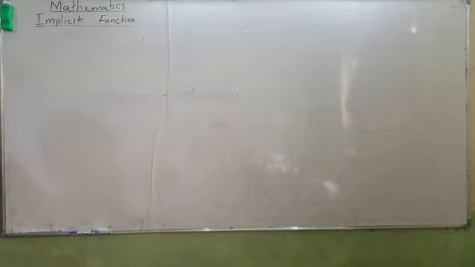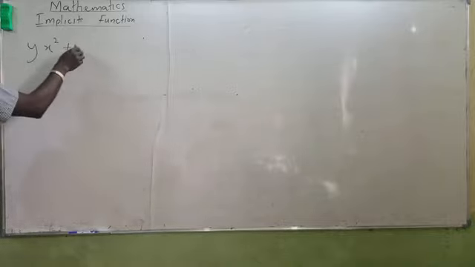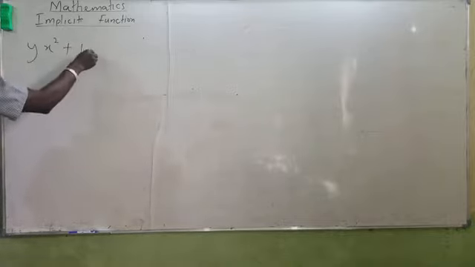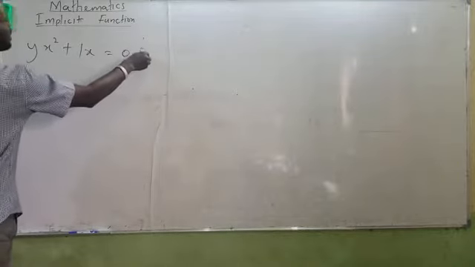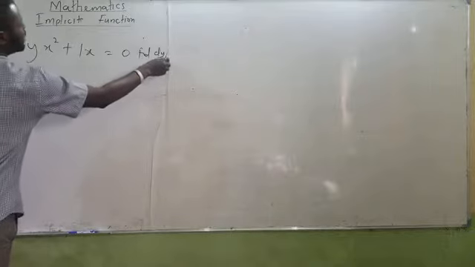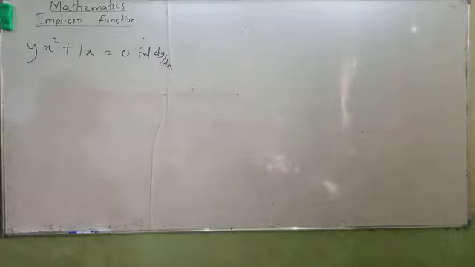For instance, if I have yx squared plus x equals 0, find dy/dx of this. What I just need to do is that this is u, this is v. Take note of that.